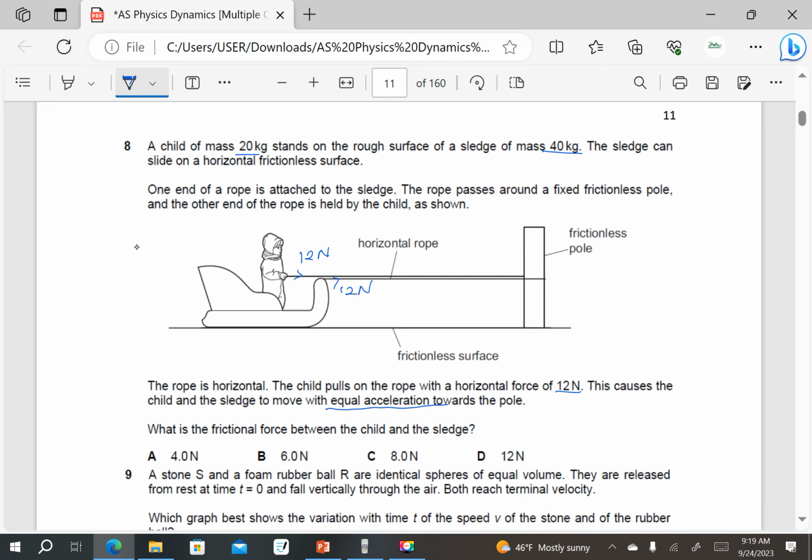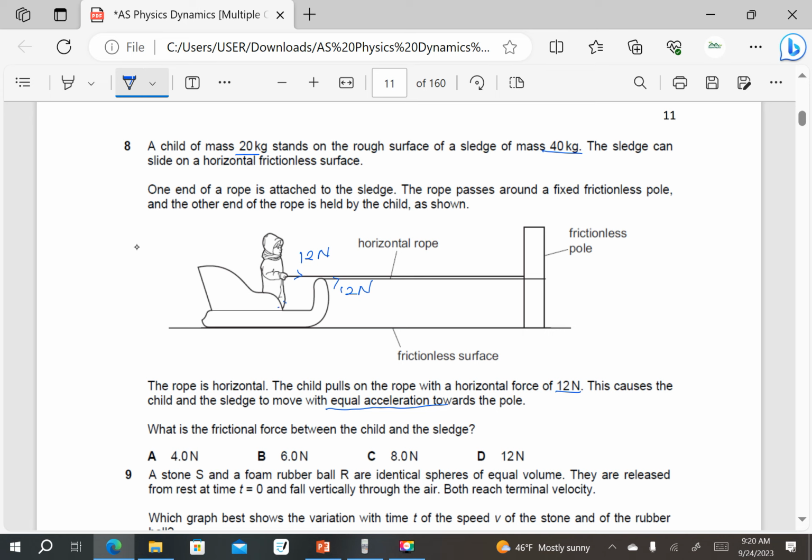This is 12 newtons. I want to draw a different diagram for simplification. But anyway, there's going to be a friction force.